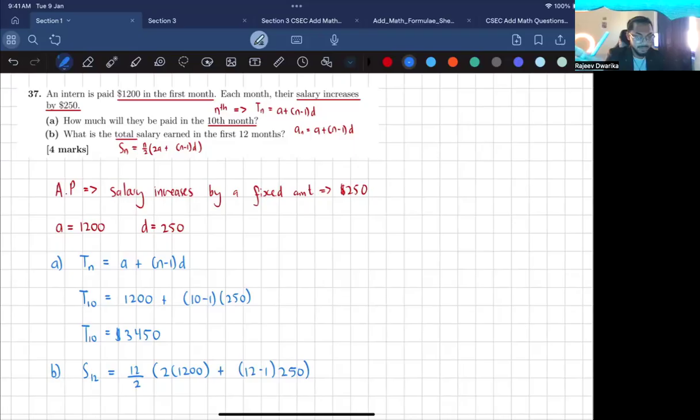Would the inside be 5150? Hold on. Okay, and so 5150 by 6. So the inside is 5150, right? I have short-term memory loss. So the answer will be 39,000.